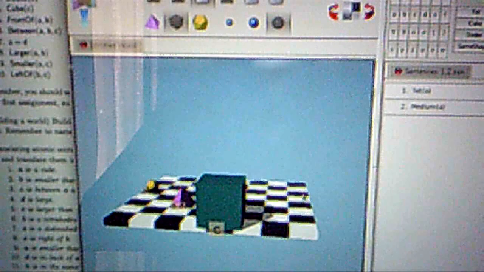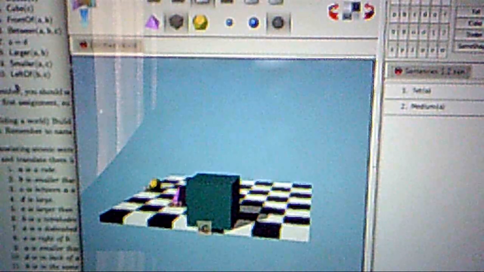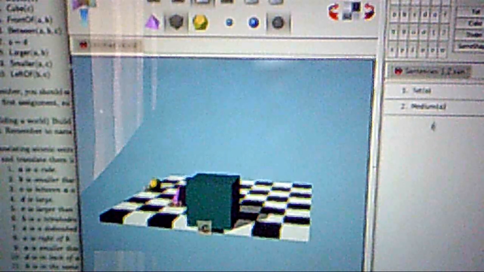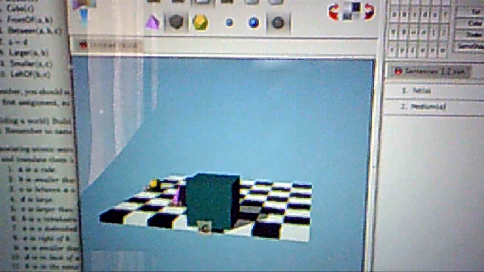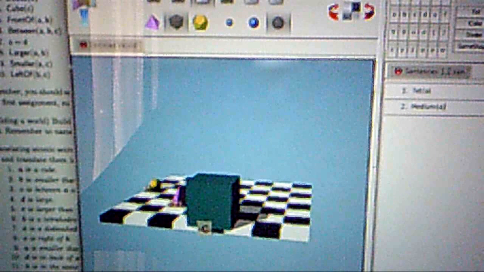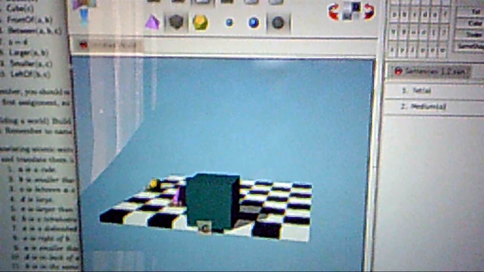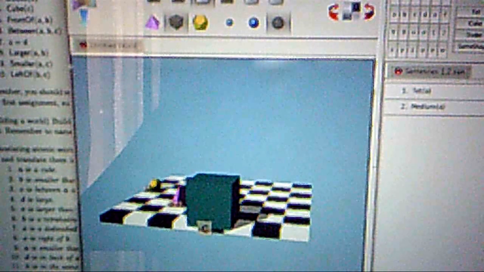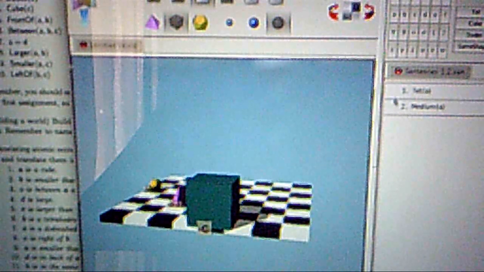Now you've got all 1 through 10 true, and what you can do is verify this after you've created 1 through 10 in sentences 1.2. You play with the buttons that you got up top in Tarski's world to get a feel for how to verify them all, and you should find they're all true.